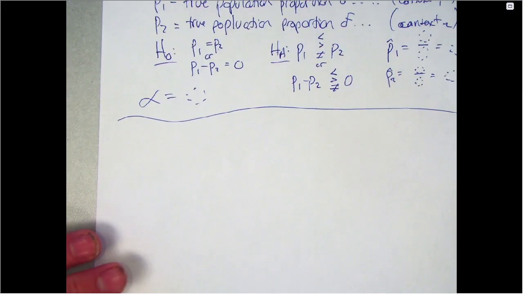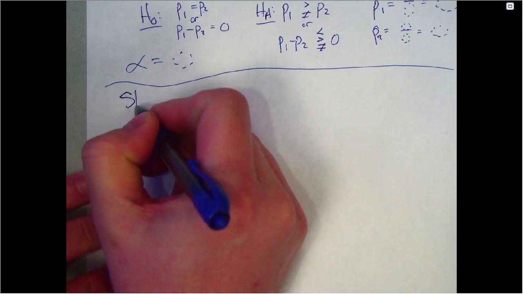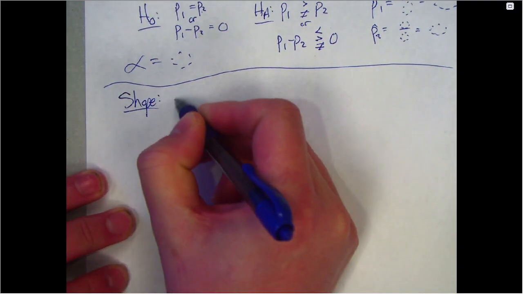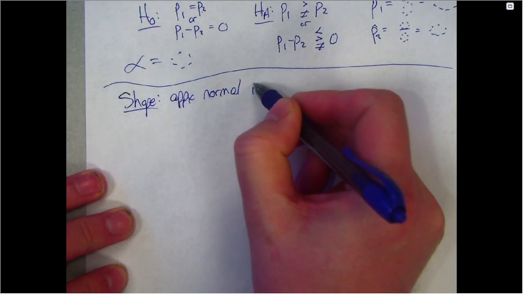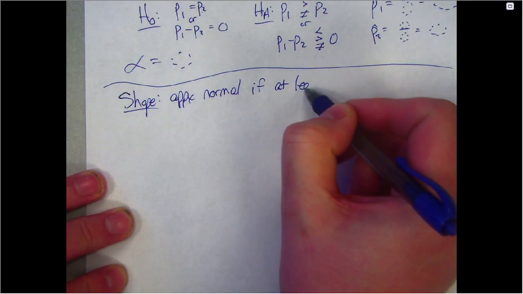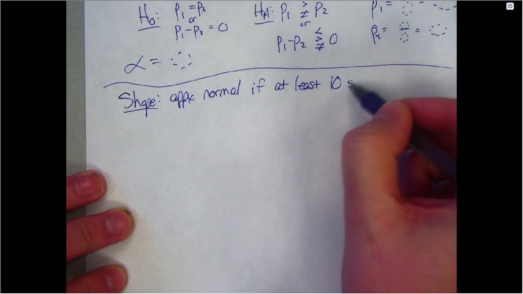Then you do the shape, center, spread bit. Shape is approximately normal if at least 10 successes and failures for both.